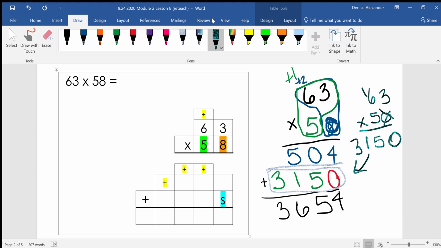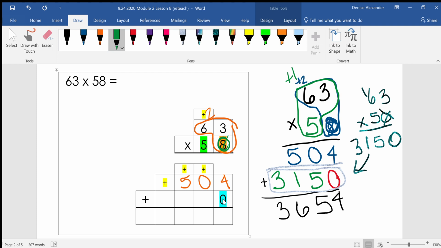Now, if you look, I'm going to take my 8 and multiply it by the 63. 8 times 3, again, is 24, you guys. Okay, 8 times 6 is still 48 and 50. Now, I'm going to turn this to a 0 and make sure right here I write it as a 0.